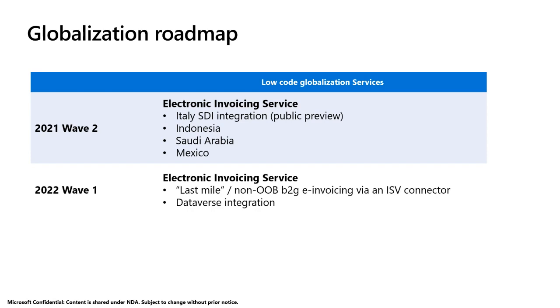Indonesia, Saudi Arabia, and Mexico. And for 2022 wave 1, which is going to be beginning of next year, we plan the last mile non-out-of-box B2G invoicing via an ISV connector and Dataverse integration.